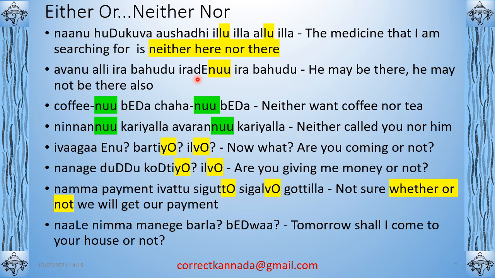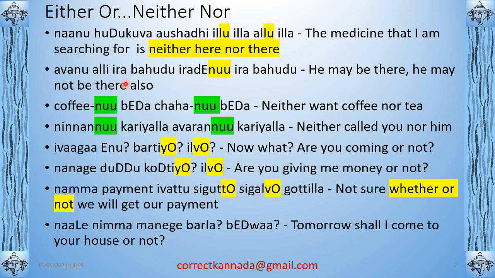So barade means without coming. Madade means without doing. Madade, madu, madade. Madade irabahudu. He may not be doing. Or ಮಾಡದೇ ಹೋಗಿಬಿಟ್ಟ. ಅವನು ಈ ಕೆಲಸ ಮಾಡದೇ ಹೋಗಿಬಿಟ್ಟ means he went off without doing this work. That's your ಮಾಡದೆ. So these are called negative participles. So you need to understand that.